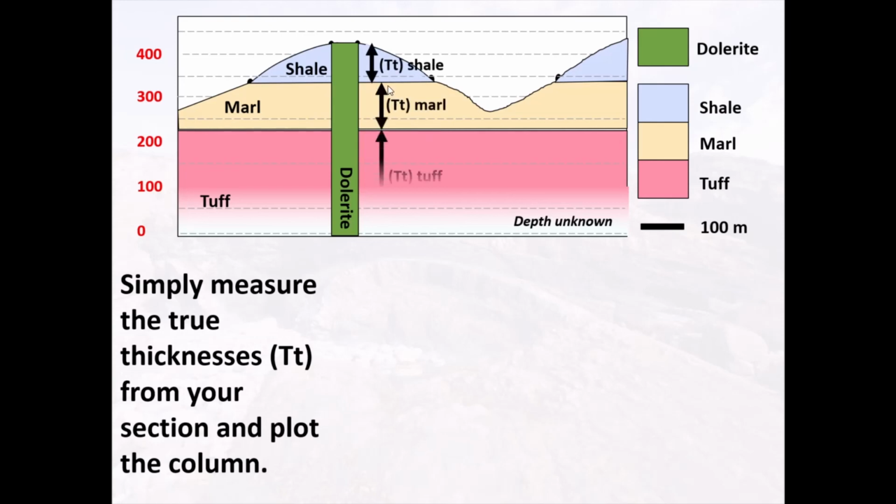So the amount of rock that we're seeing in between contacts gives us our true thickness. So our true thickness of our shale is about, what's that, if that's 50 meters, is it almost 100 meters? Marl is about the same, and then tuff goes on for at least, I would say, 150-200 meters, but our depth is unknown.